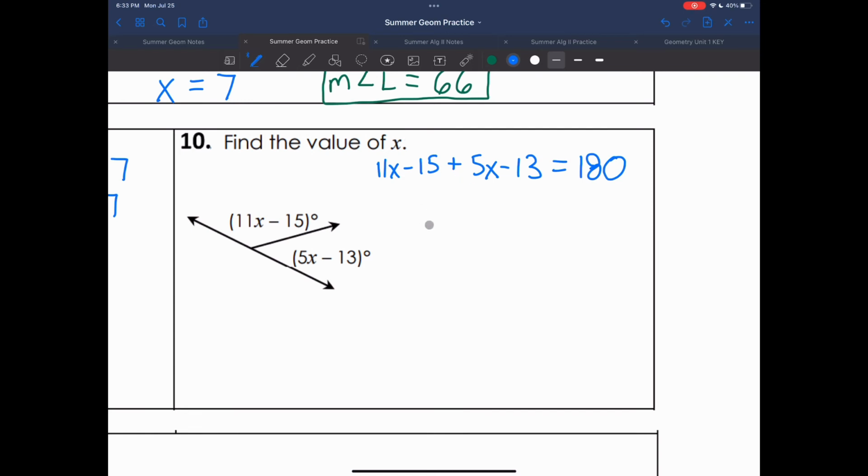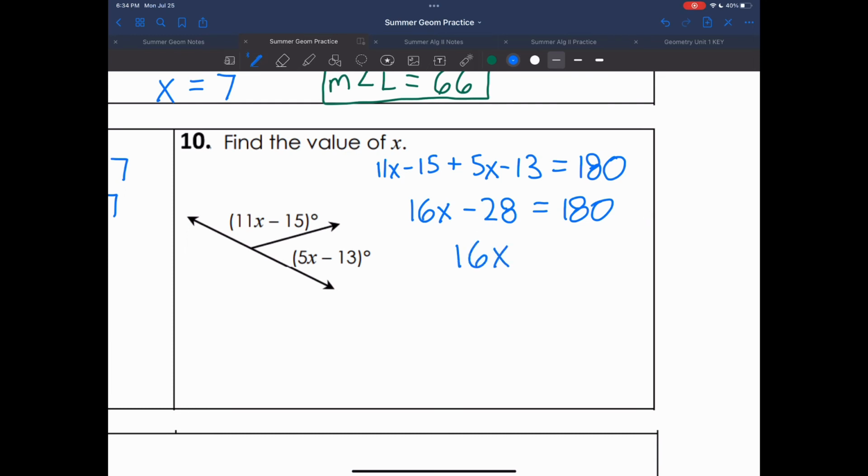Okay, and then we combine our like terms. So we've got 11x plus 5x, that's going to give me 16x. And then we've got a negative 15 and a negative 13, which is going to give me negative 28. And that all equals 180. And we're just solving for x. So we're going to add 28 to both sides.